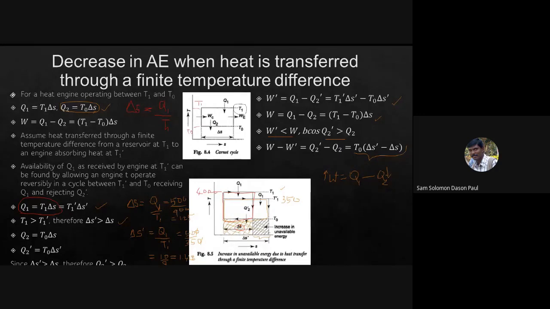This is the additional part. You already had this region which I had hatched with the orange color line. Now I'm hatching with the green color line. So in the green color line, it comprises this region also. Okay, so this region is the increase in the unavailable energy. Okay, so it's always better to run a heat engine at a higher temperature. Okay, hope it is clear to you.